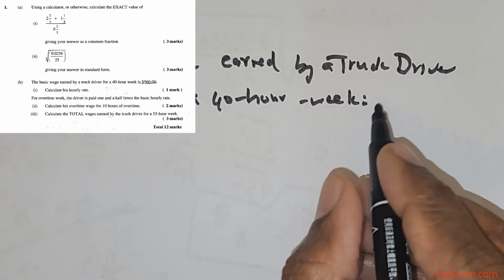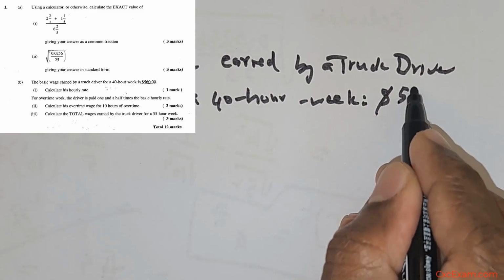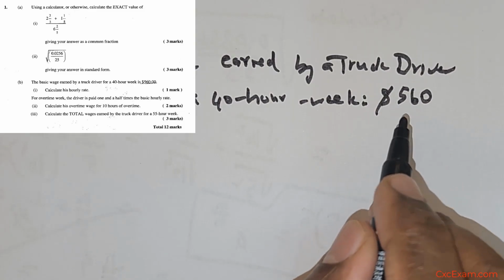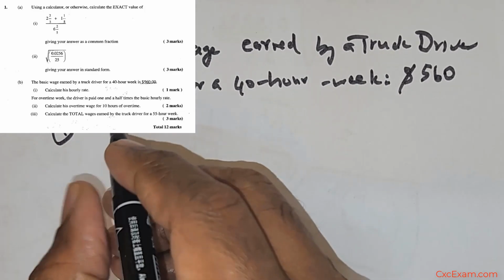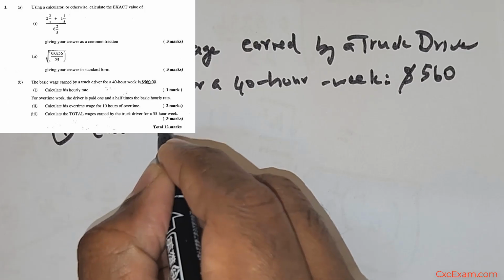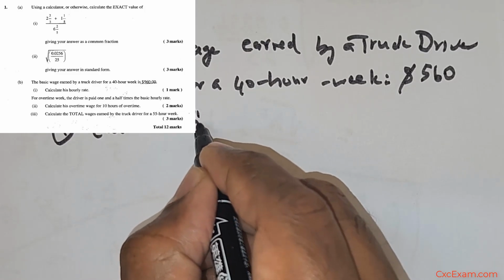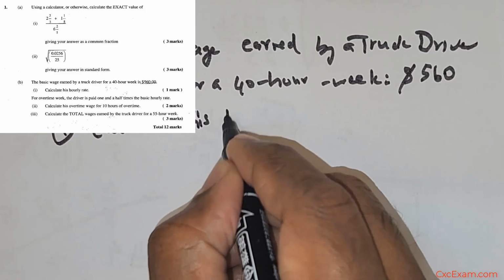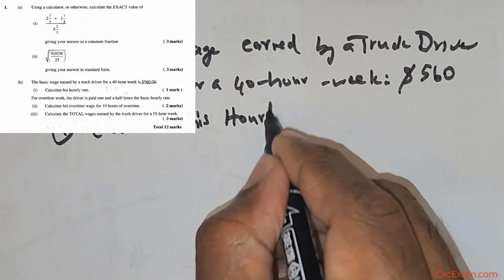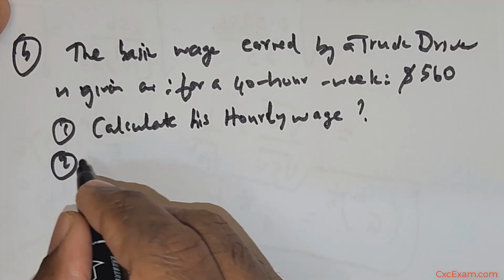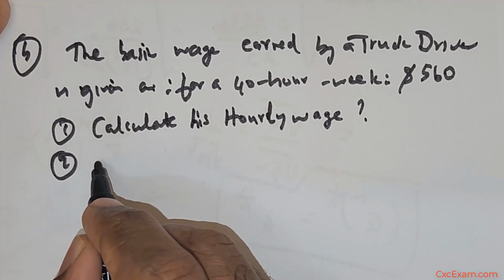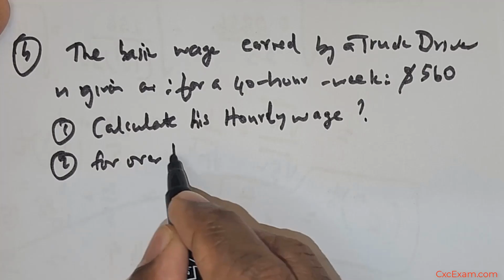For 40 hours, the driver is paid $560. So the first question is calculate the hourly wage. Question number 2 is for overtime, he is paid 1.5 times the basic hourly rate.